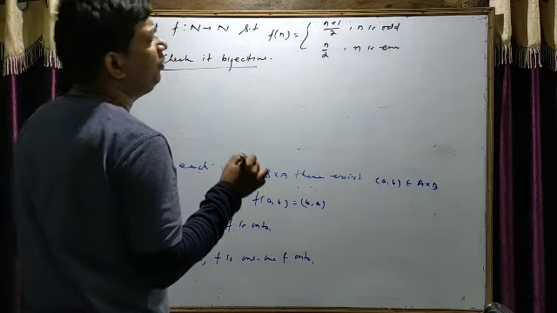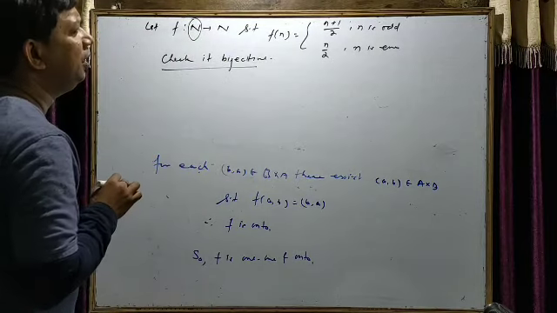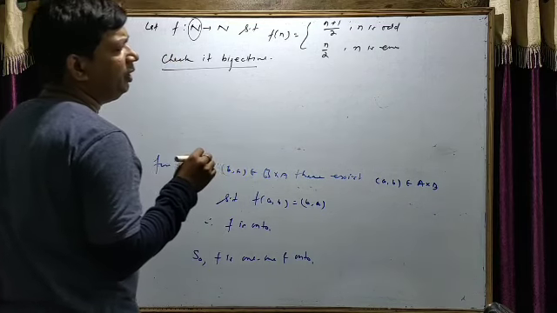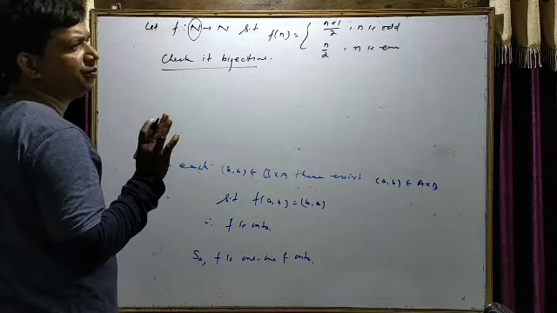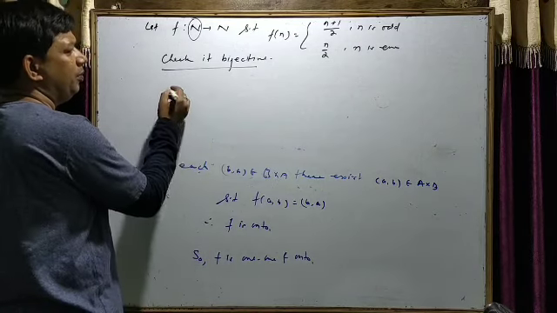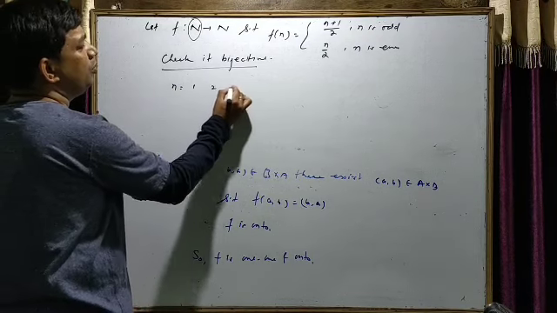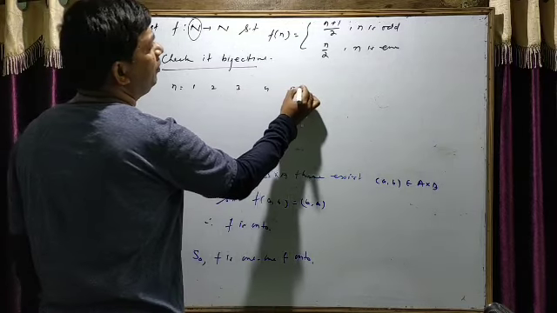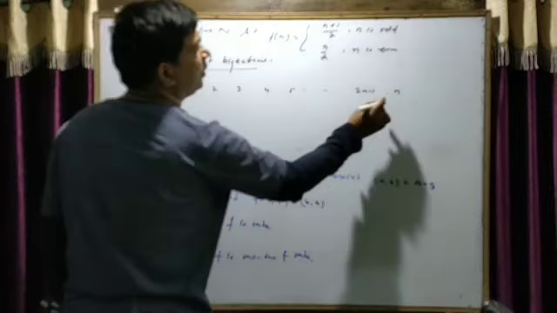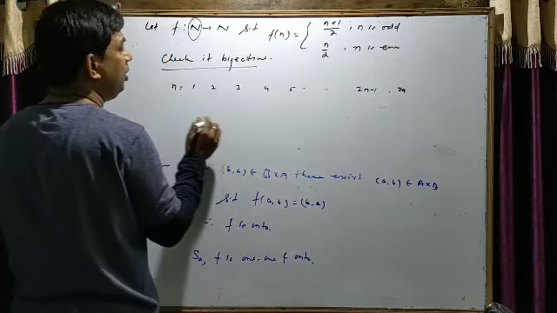Now, I told you, if by taking two distinct elements from this set the answer is unique, meaning only one solution comes, then we can say this is one-one. Now take an example. Suppose you take 1, 2, 3, 4, 5, up to 2n-1 and 2n, where the odd ones come before each even.